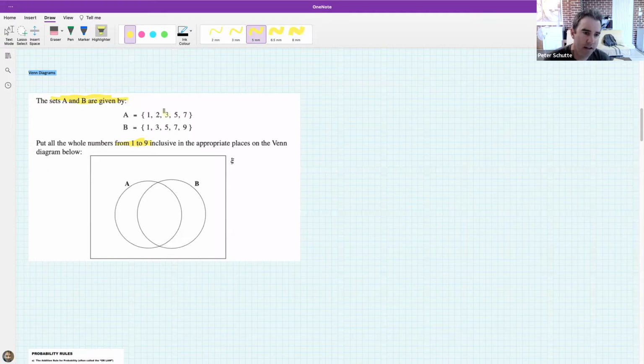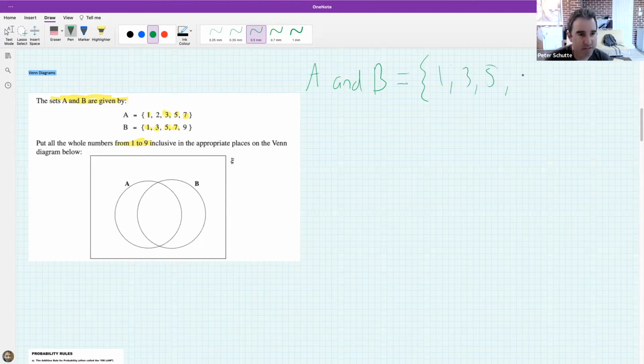I'll give you a little hint. I look for the items that are in common to both, or in A and in B. In the set A and B, we seem to have the items 1, 3, 5, 7.